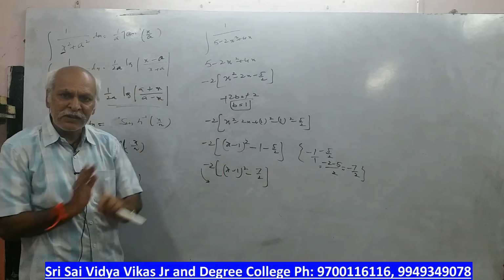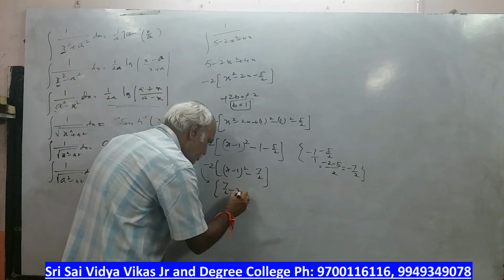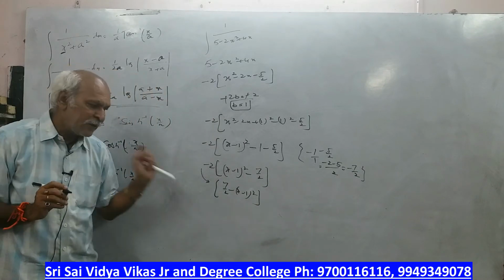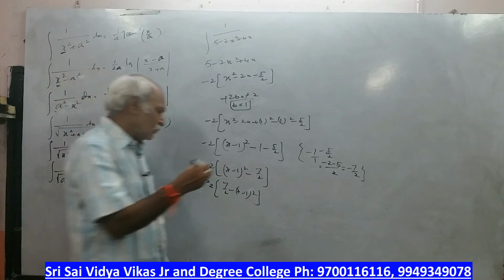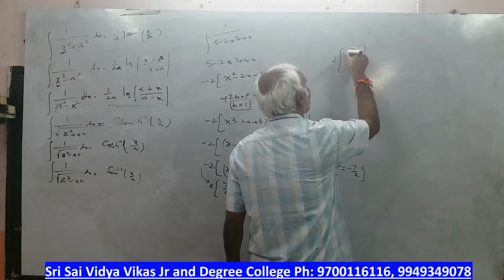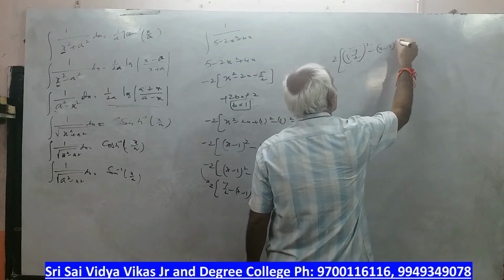Only the minus sign, not the number. What I mean by this? 7 by 2 minus x minus 1 whole square. Is it clear? Only the minus sign we have to bring. So 2 into 7 by 2 minus x minus 1 whole square. So 2 into root of 7 by 2 whole square minus x minus 1 whole square.